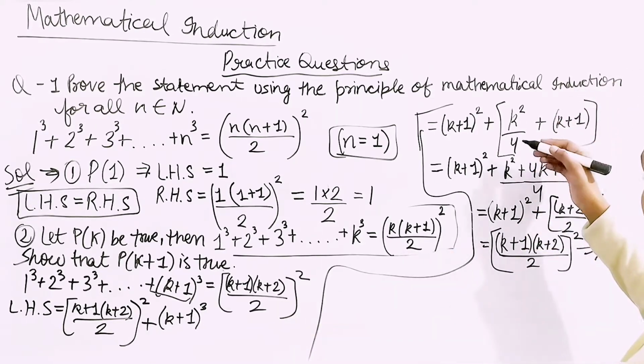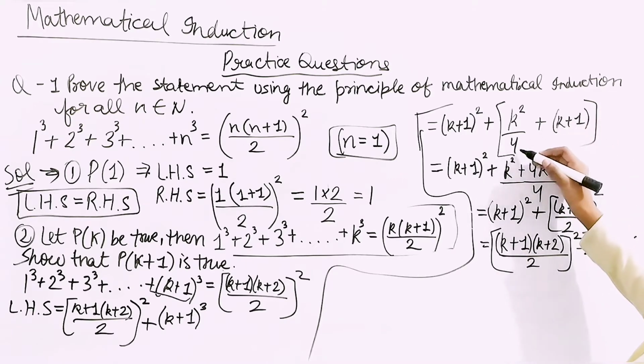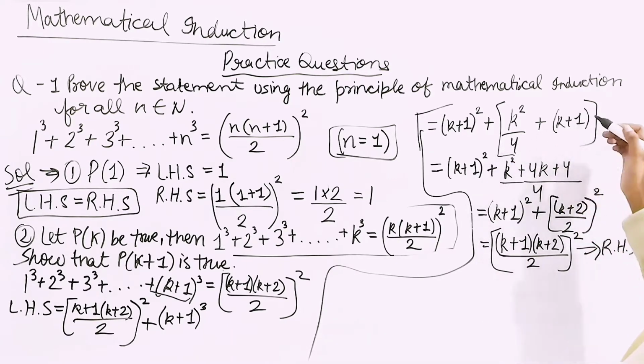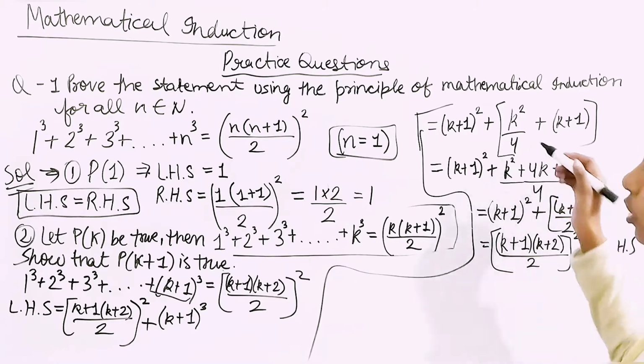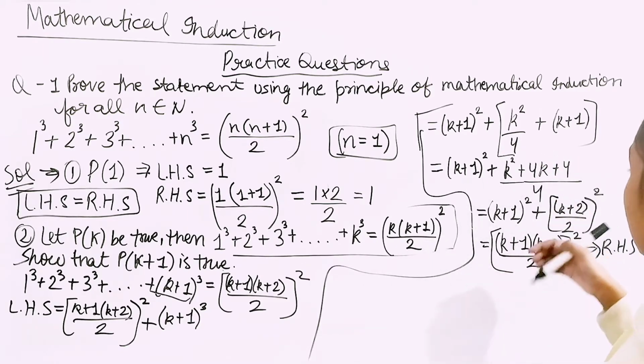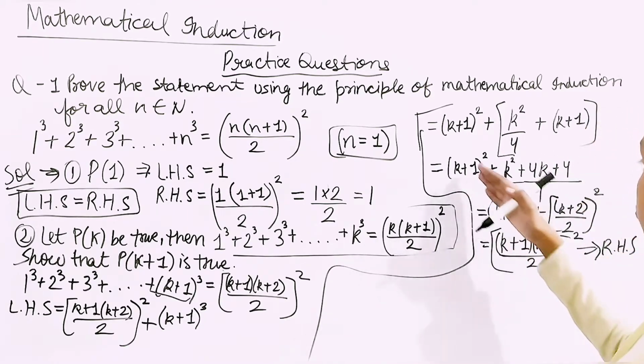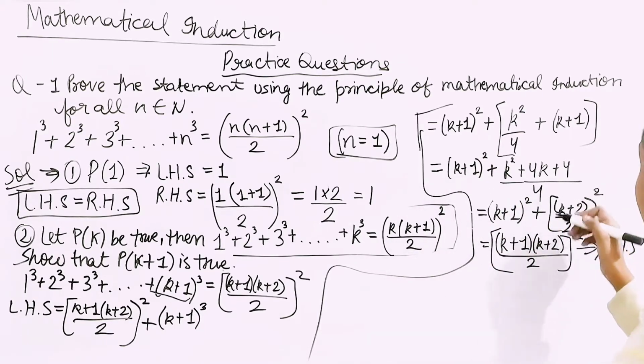And then for the 4k, 4 to the k, and 4 ones are 4. That's what I did. And the k^2 stays as it is, over 4 in the denominator. Through this way, again the (k+1)^2 is the same, and then k^2+4k+4.